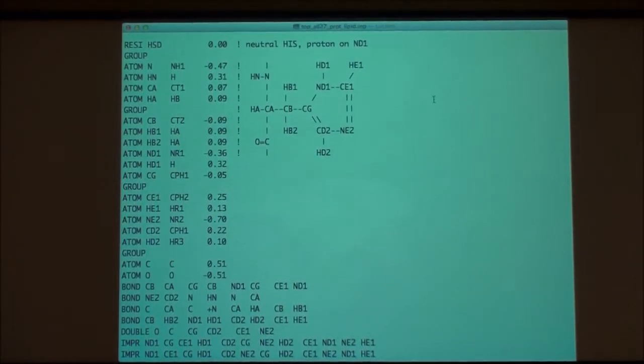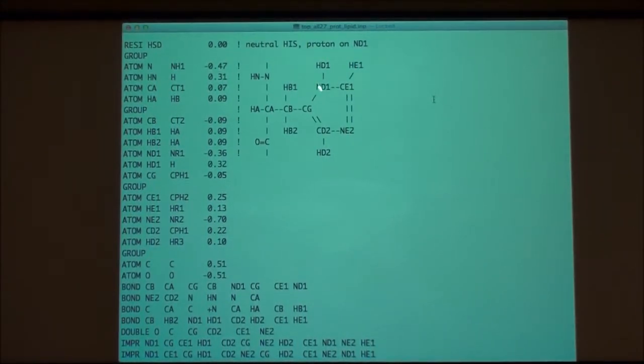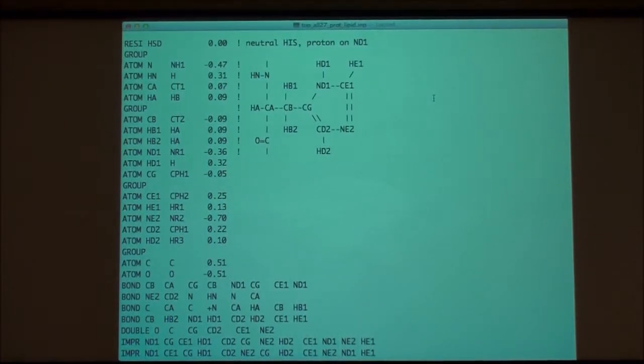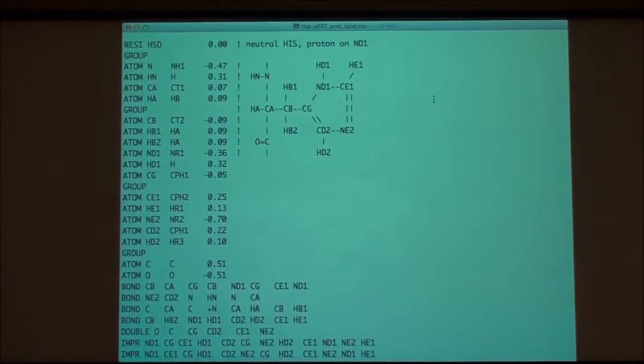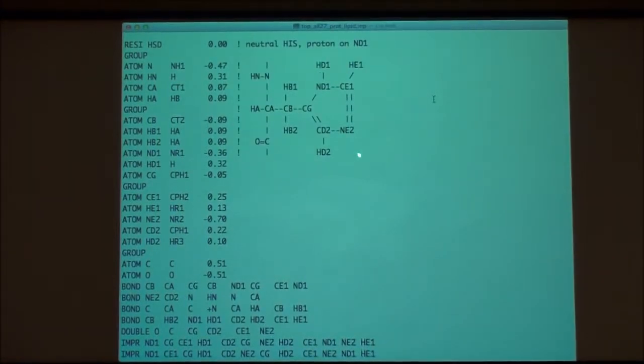But for certain groups, this becomes really tricky. For histidine, for example, the pKa of this side chain, which has two nitrogens in its side chain, is pretty close to 7. It's actually 6.5. So it becomes really difficult to decide what is the representative protonation state. And even if you know the neutral form has a slight preference or a slightly higher population, you don't know where to place the hydrogen.